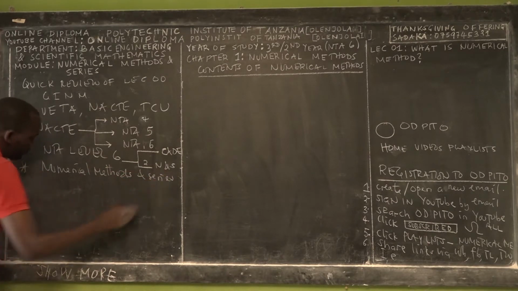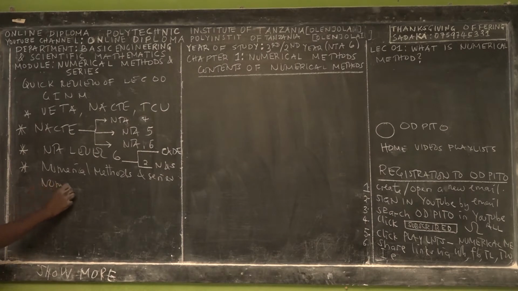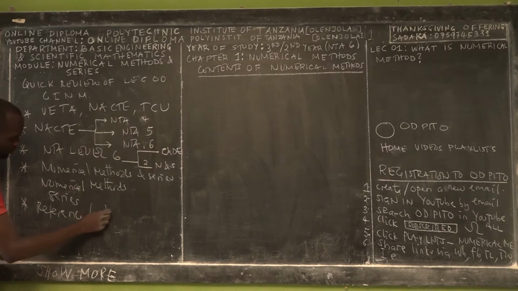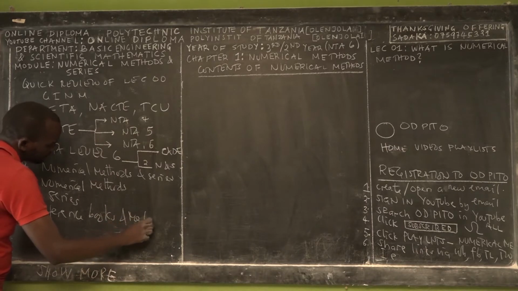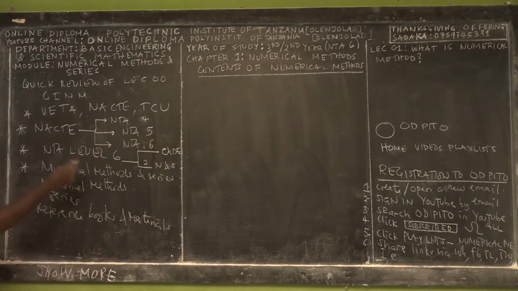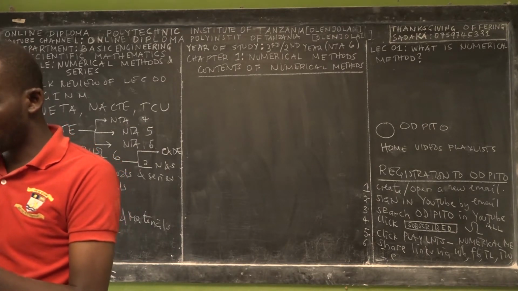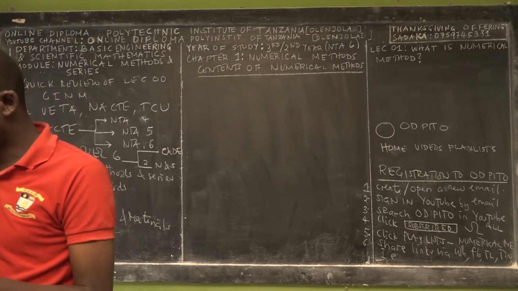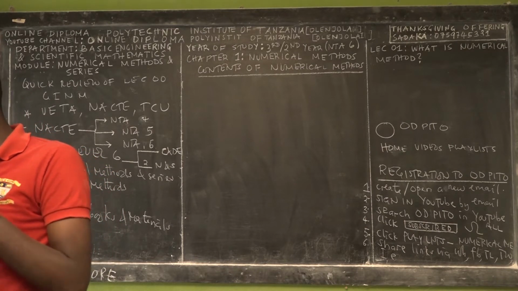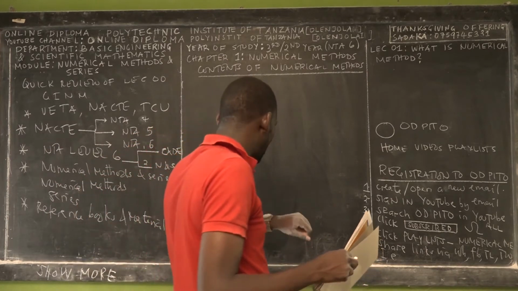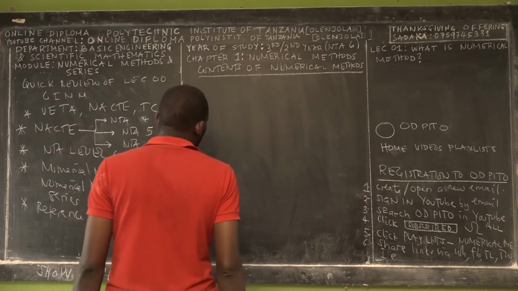The first topic is numerical methods, and the second topic is series. We also mentioned reference books and materials. In case you missed lecture 0, you can access it on our YouTube channel, so you can take advantage of what we've presented before you continue with lecture 1.